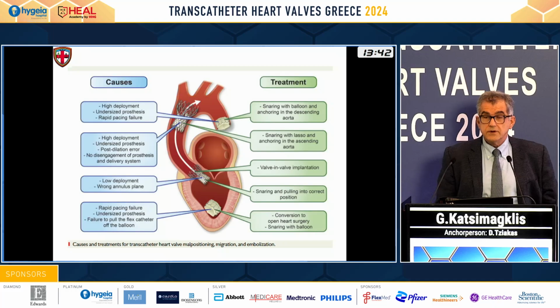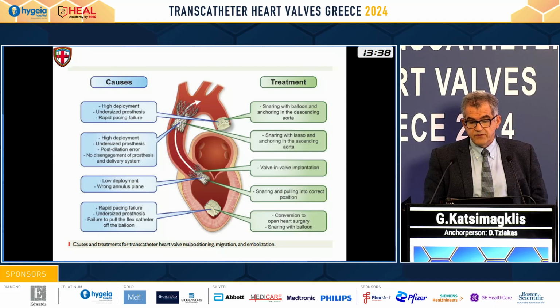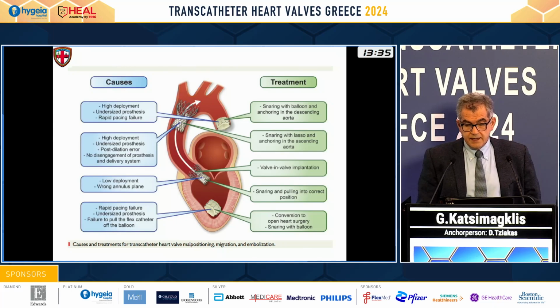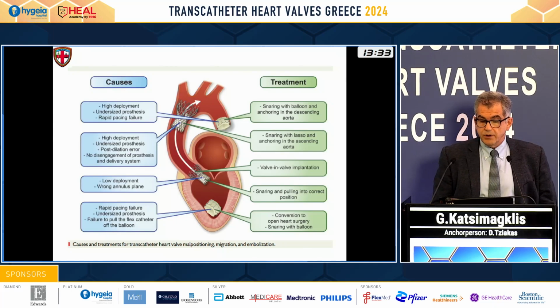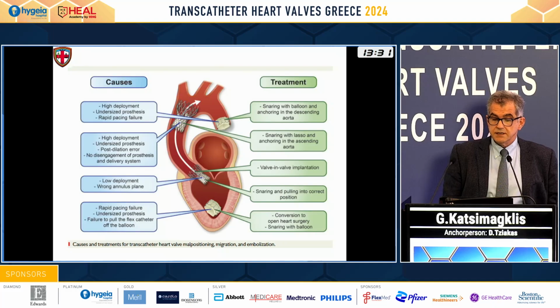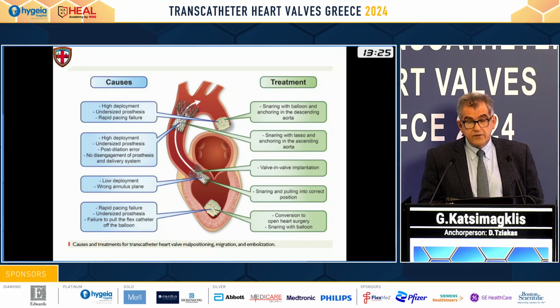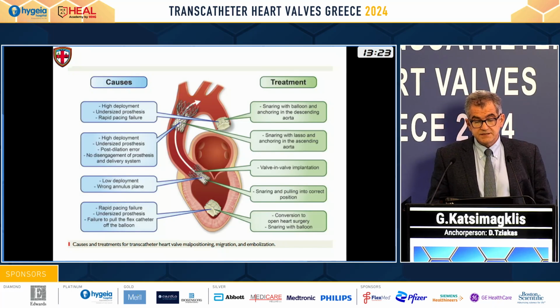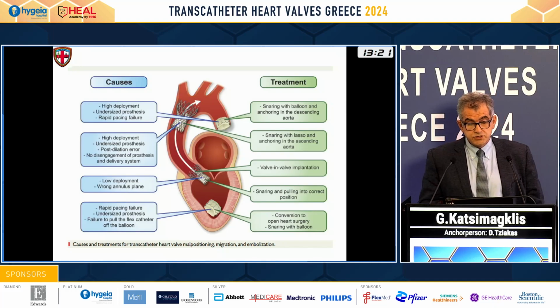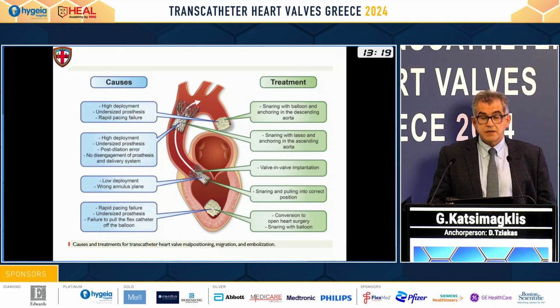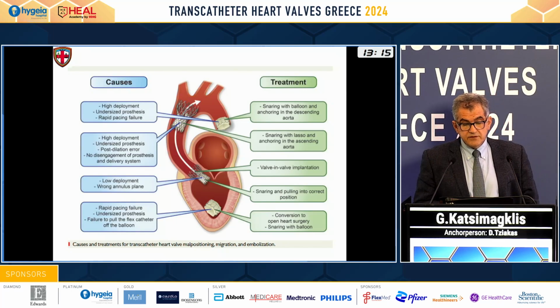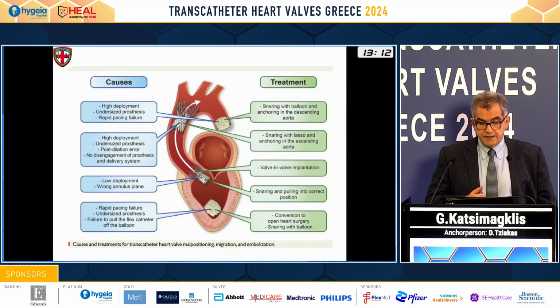The main causes of this TAVI embolism for the balloon expanding valves are high deployment, undersized prosthesis, and rapid pacing failure when the embolism is toward the aorta. For the self-expanding valves, they are high deployment, an undersized prosthesis, post-dilatation error, and sometimes disengagement of the prosthesis from the delivery system.